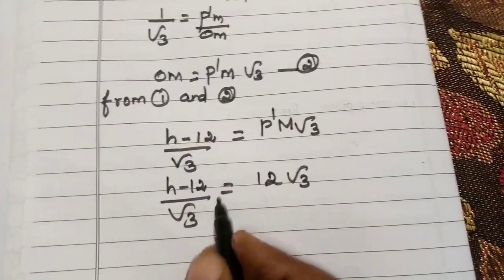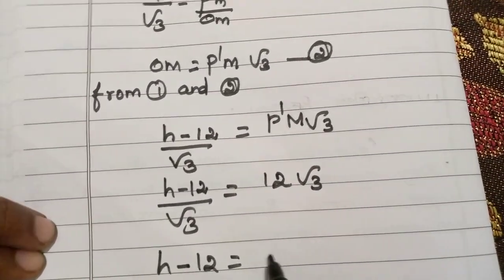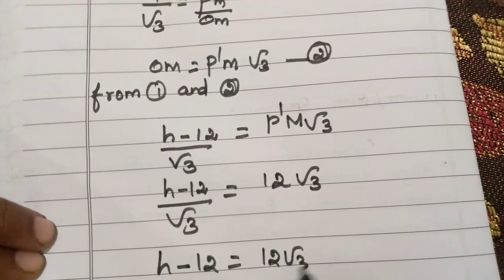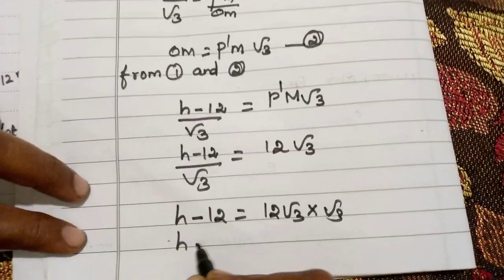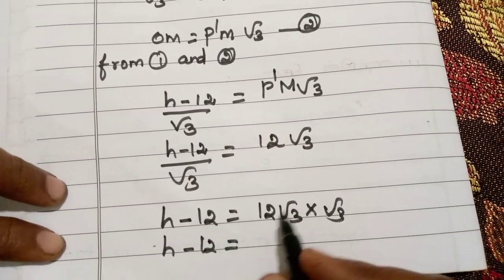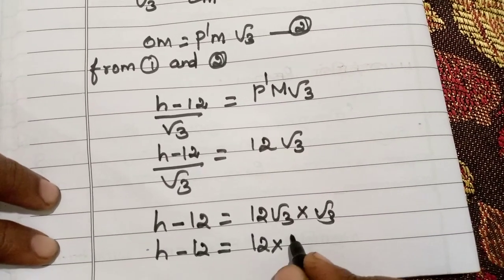Cross multiply it. From here, height minus 12 is equal to 12 root 3 into root 3, so height minus 12 equal to 12 into root 3 into root 3.